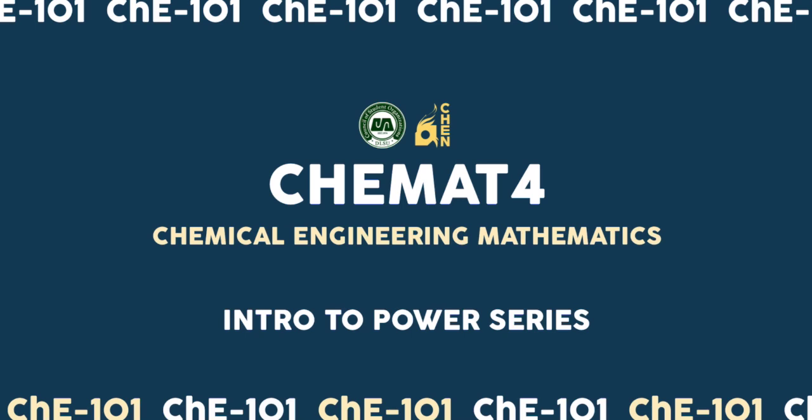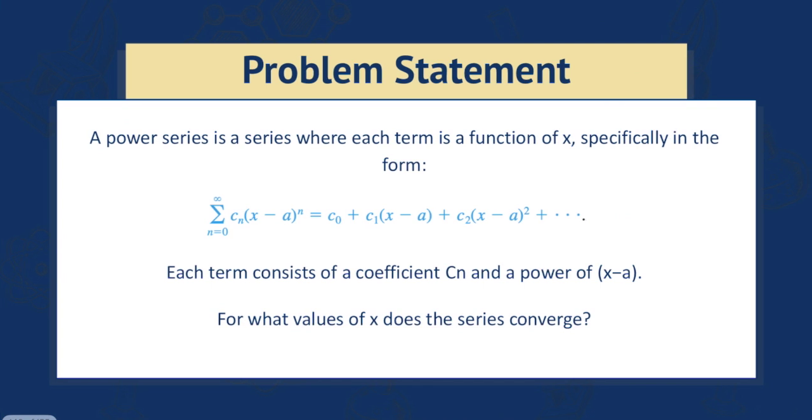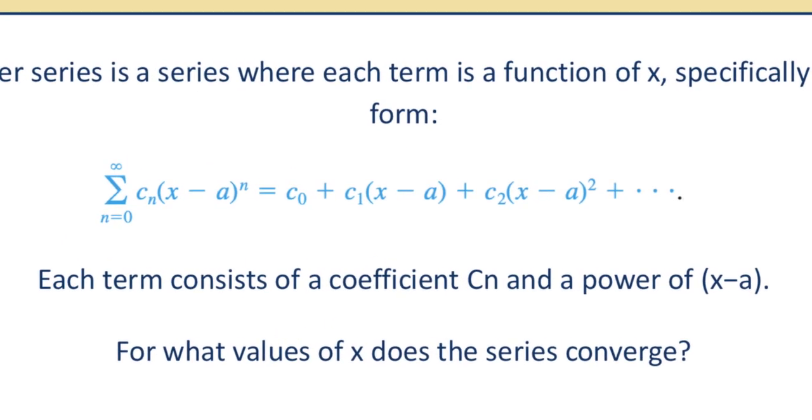So for today's video, we're diving into chemical engineering mathematics or CHEMAT 4, and we will start with the introduction to power series. So what is a power series? A power series is basically an infinite sum of terms that depend on x.